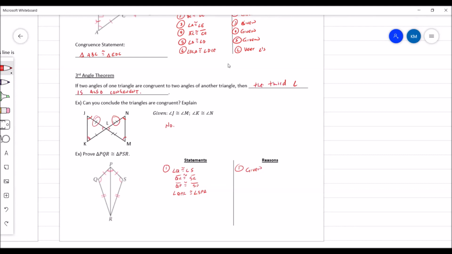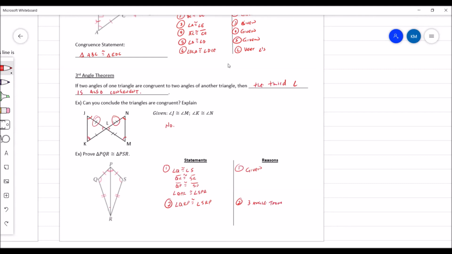Now, we just talked about the third angle theorem. And so since we have 2 angles that are the same, we know this third angle has to be the same. So I'm going to name it and say angle QRP is congruent to angle SRP. Okay, and that's the third angle theorem.